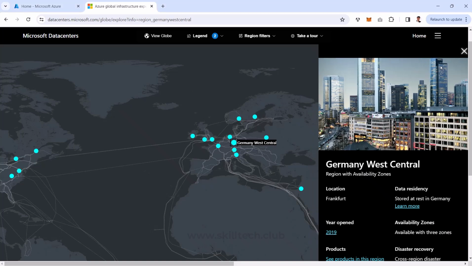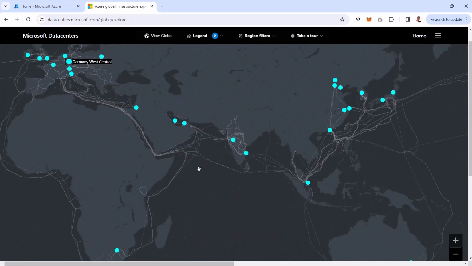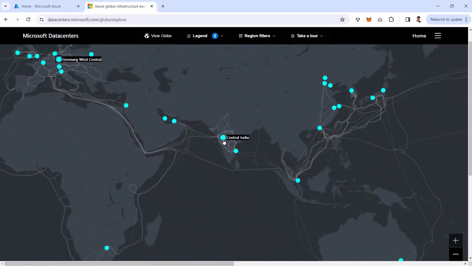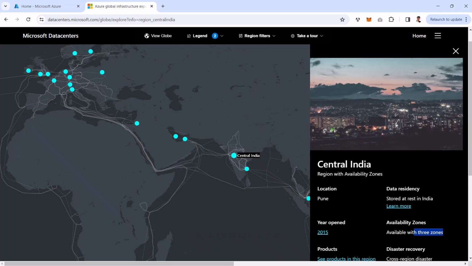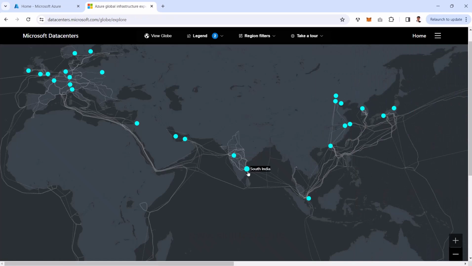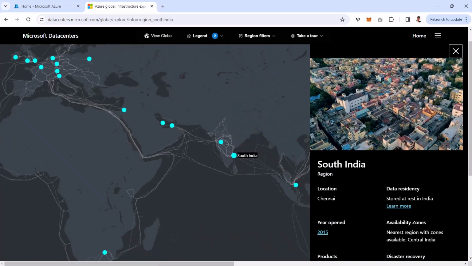If I look at some Asia specific regions like India, we have a region which is Central India, which is available with 3 zones, meaning 3 data centers inside that, while we also have South India, which is located in the city called Chennai, and they have only 1 data center there. That's the reason it is mentioned that the nearest region with 3 zones is Central India.